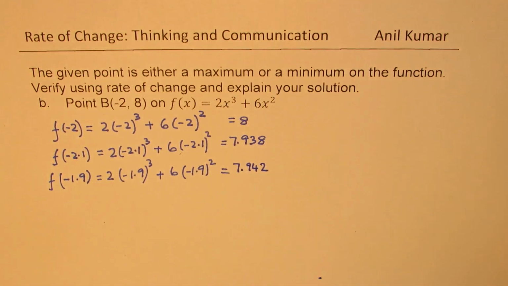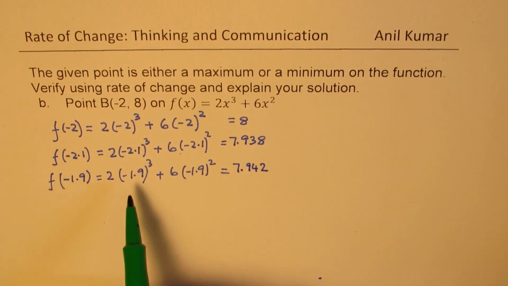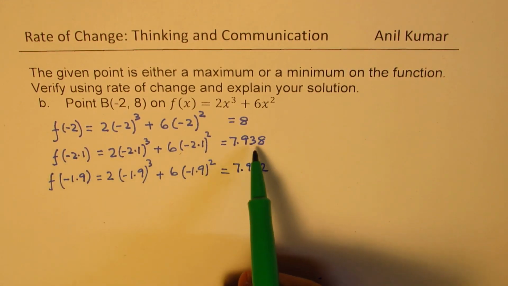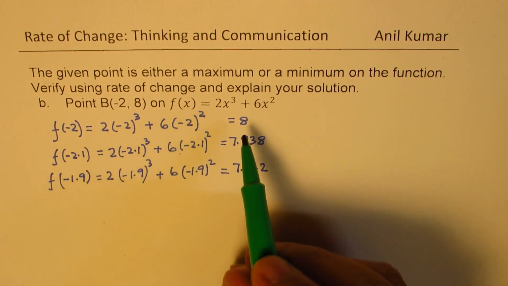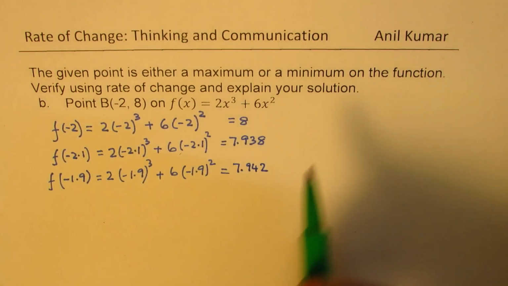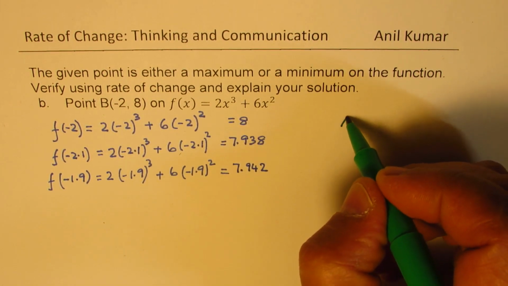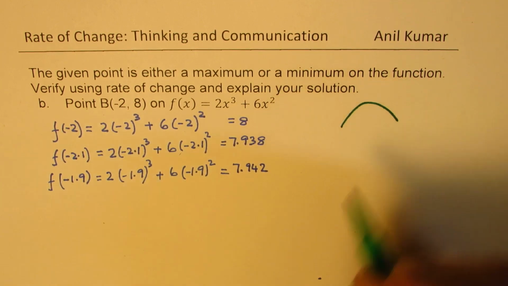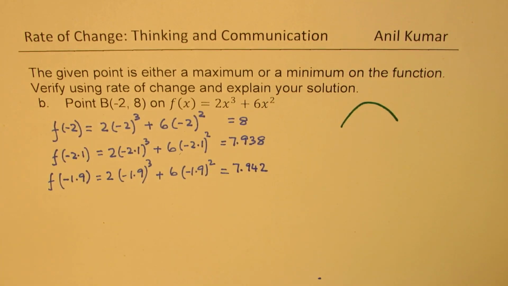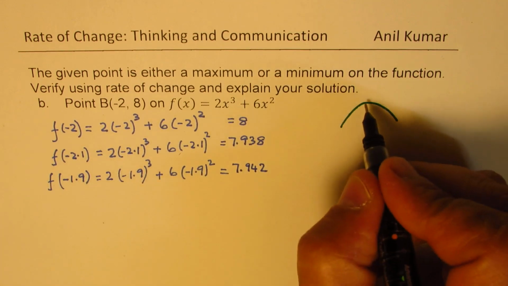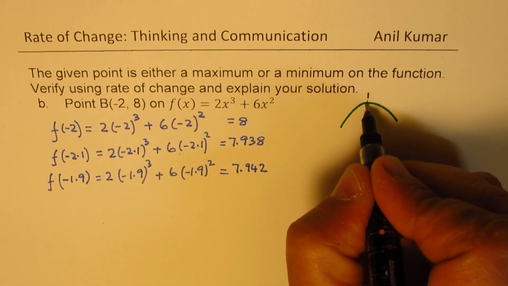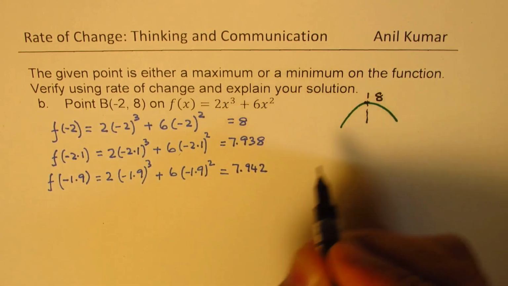So basically from the values you also get an idea that on the left side it is lesser than 8, right? So what we found is that at -2, the value is 8.